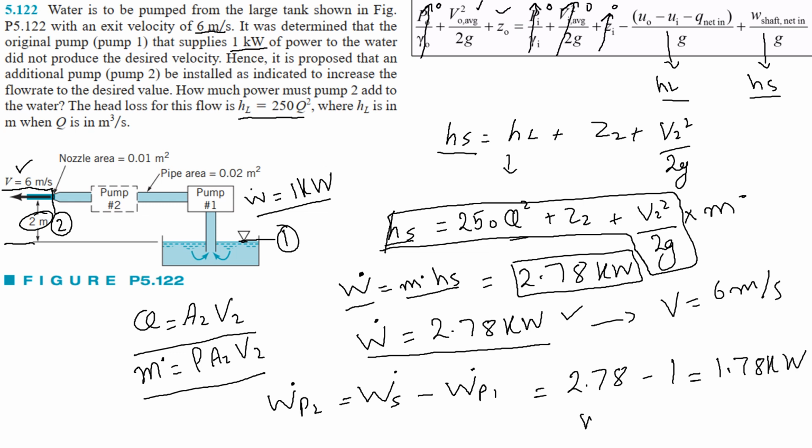So we need a second pump of 1.78 kilowatts to be added to pump 1 to generate a velocity of 6 meters per second. So hopefully this was clear.